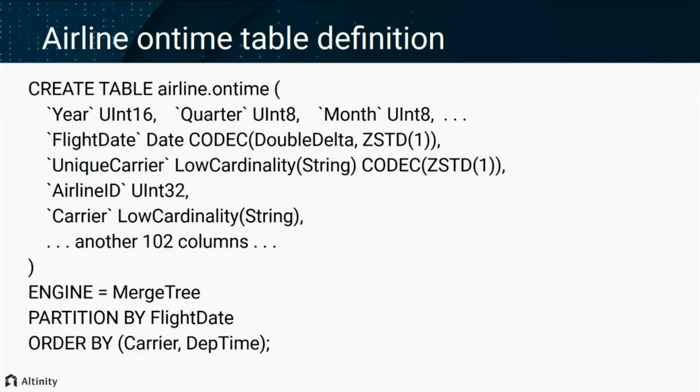There's another important thing, which is the special syntax for the columns. For example, codec. What that means is that we're able to specify the compression process that occurs when the data is stored. There's another thing we see here called low cardinality. That's a special type that's applied to strings that allows them to have dictionary encoding.